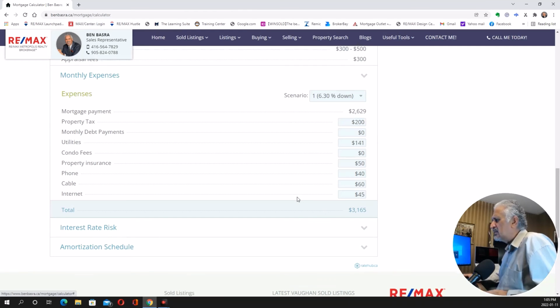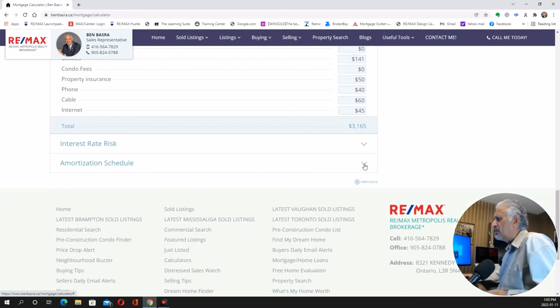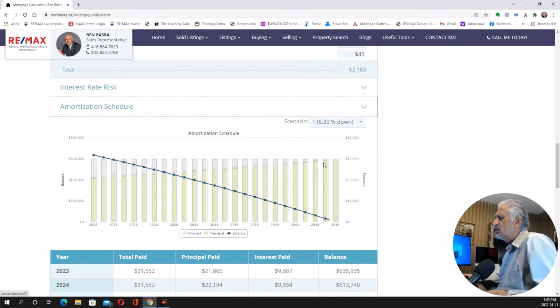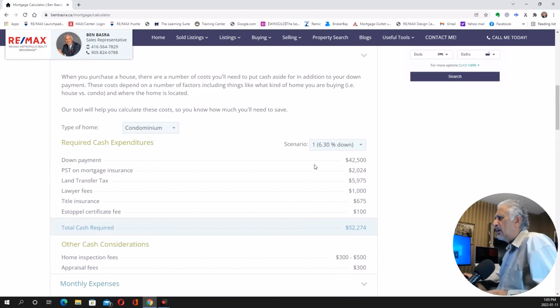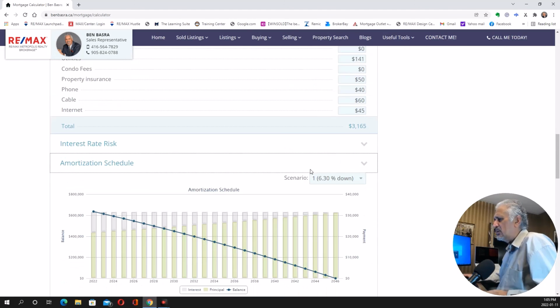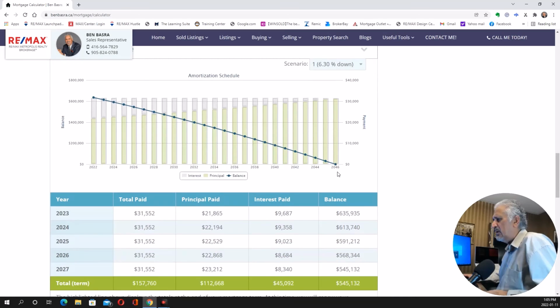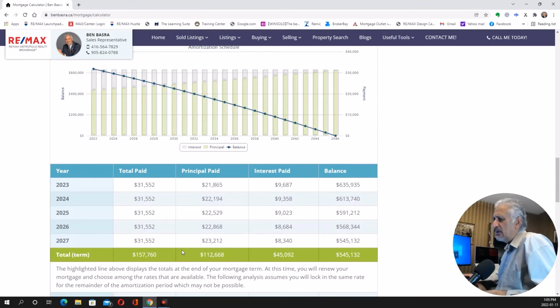Let's jump into amortization. In amortization, you will know how fast you will be able to pay your mortgage. If you have signed a 5-year term, in the first year you will pay this much total amount of money, and this much will go to the principal amount, and this will go against interest.